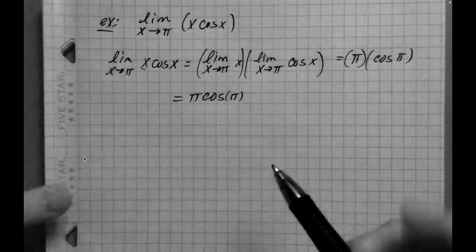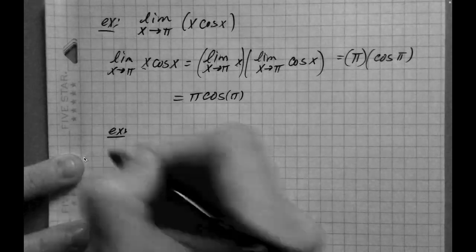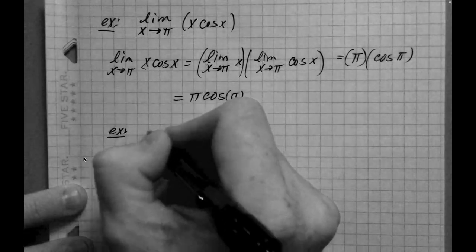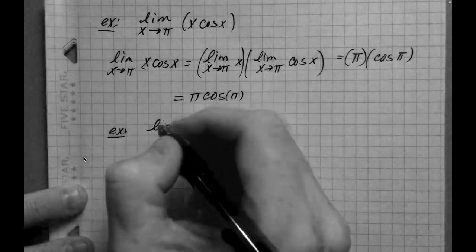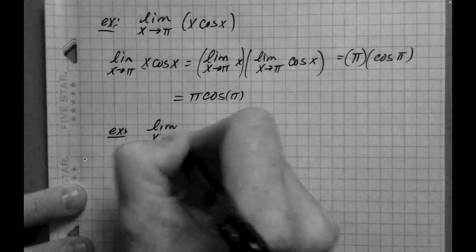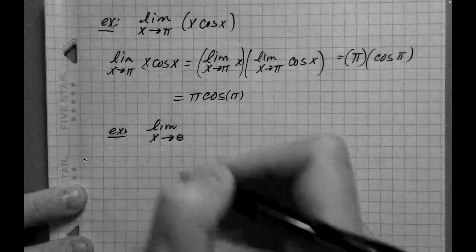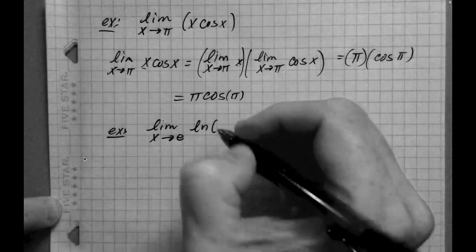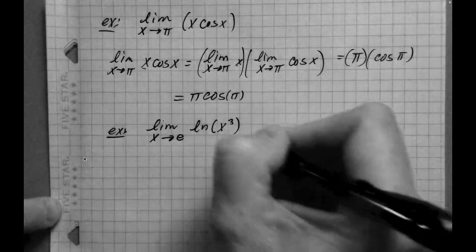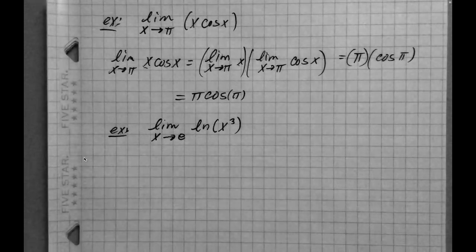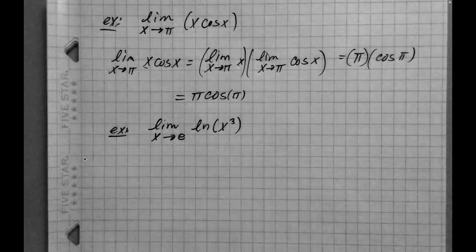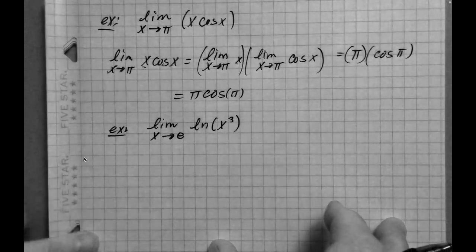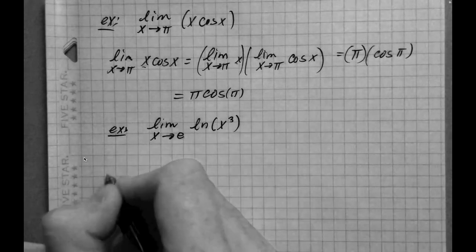Another example would be the limit as x approaches e of the exponential of the natural log of x cubed. Okay, so what does this limit look like? Well, so this guy, let's talk about this.